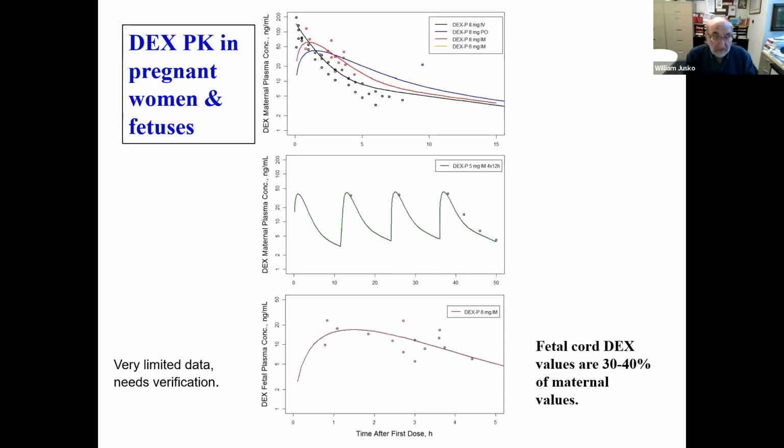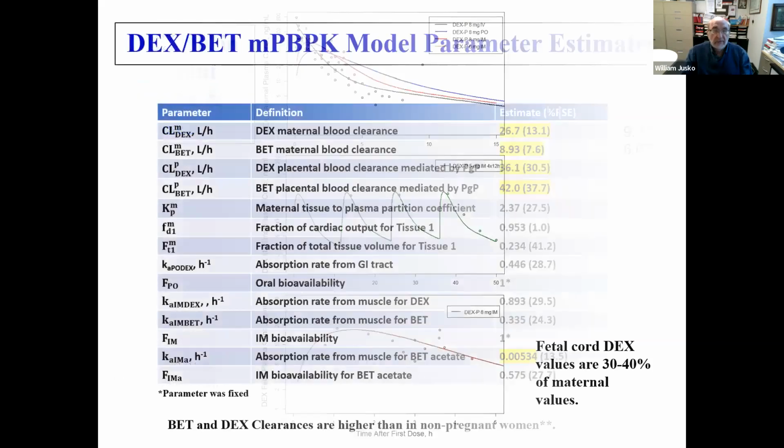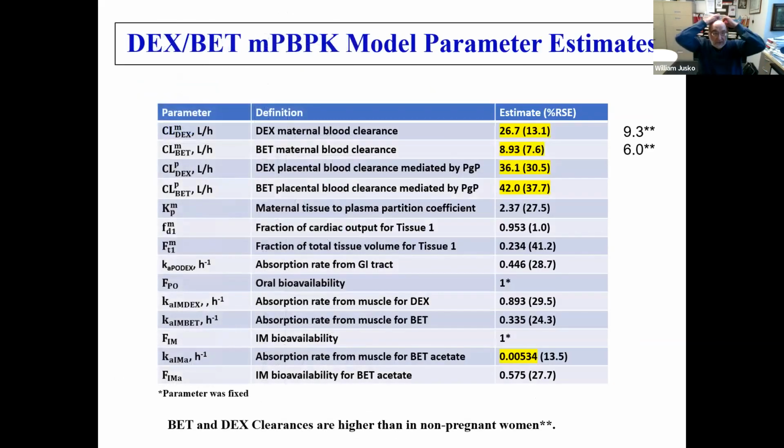Bottom line at the left, there's very little data for Dex. It needs verification. It's hoped that more studies will be done capturing maternal and fetal plasma concentrations when Dex is used to treat women as described. So the result of our modeling is capturing an array of parameters that are characteristic of the drug in this system.